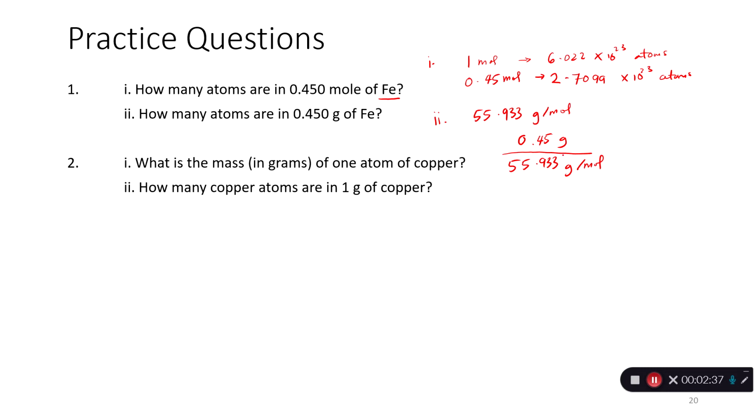So if you want to get the answer in number of atoms, which we have to, just multiply everything by Avogadro's number.